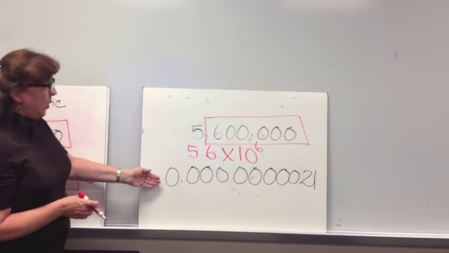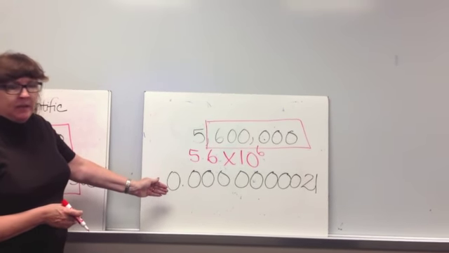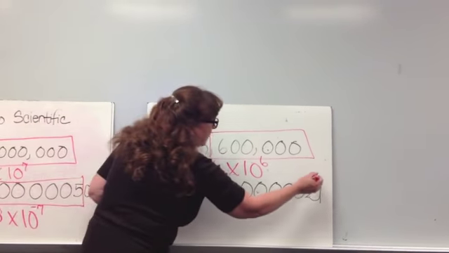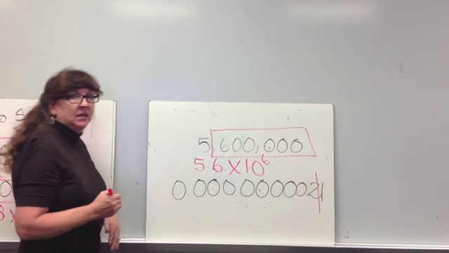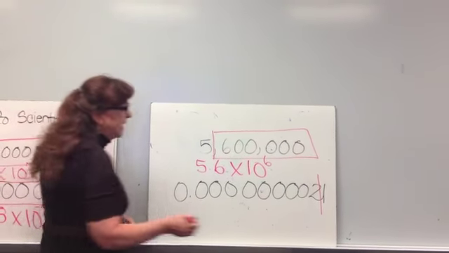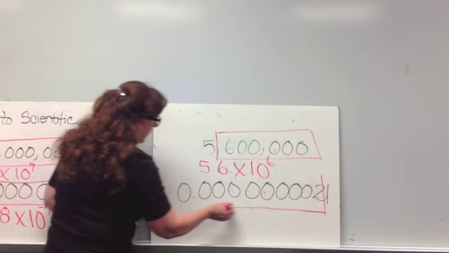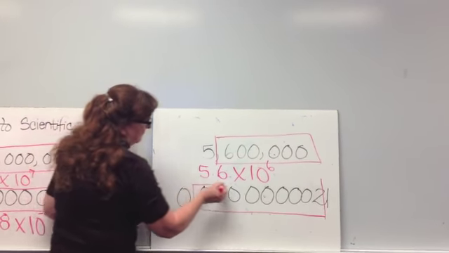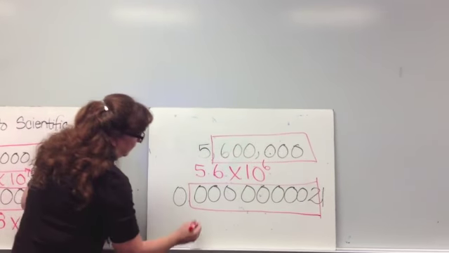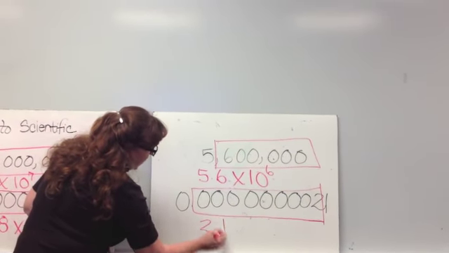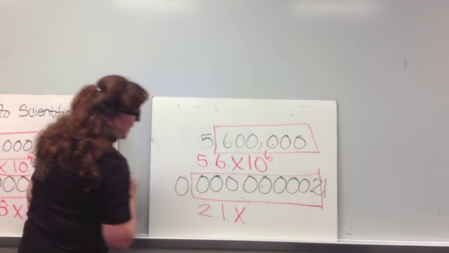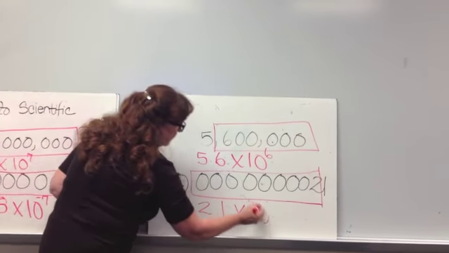I look down here, I went, oh, that's a really, really tiny number. So I'm going to come over here, follow that rule, number greater than 1, less than 10, draw my box to the decimal point, follow that first rule, 2.1, multiplication sign, power of 10.